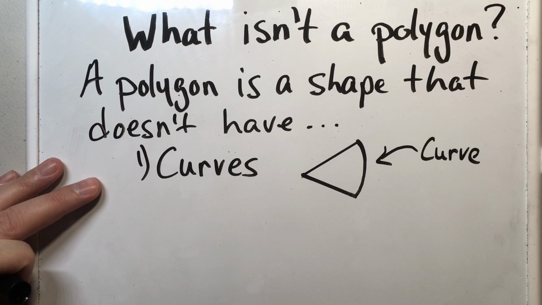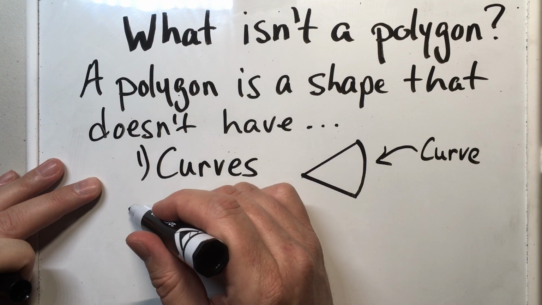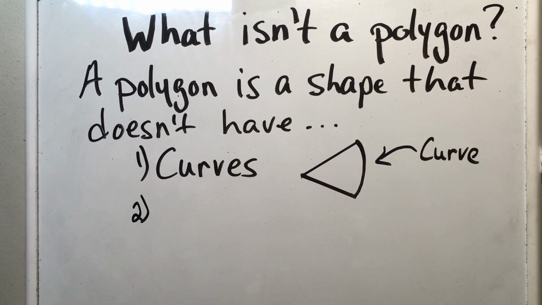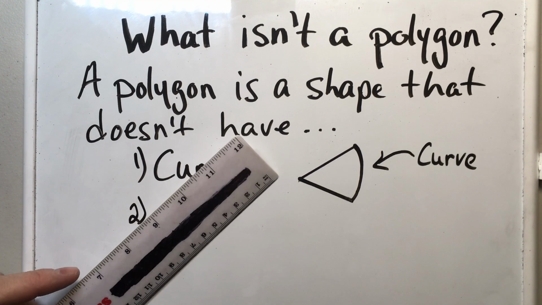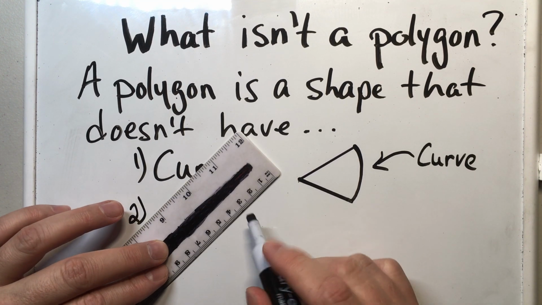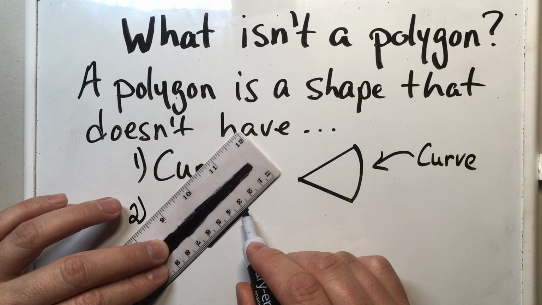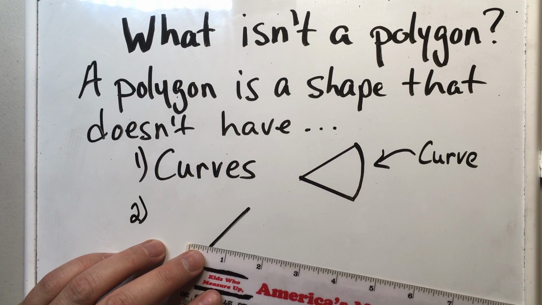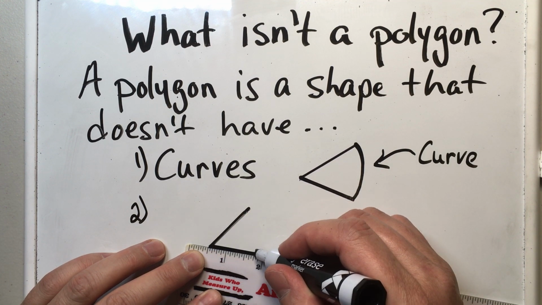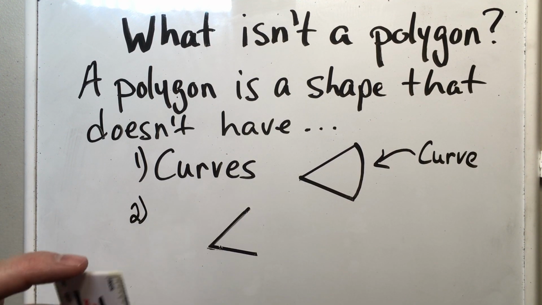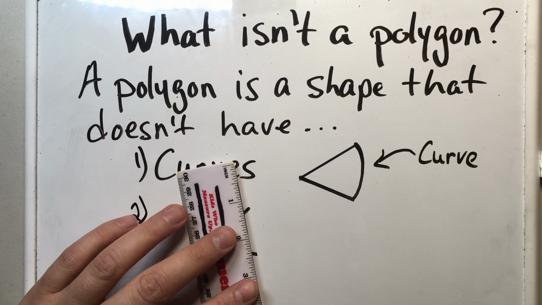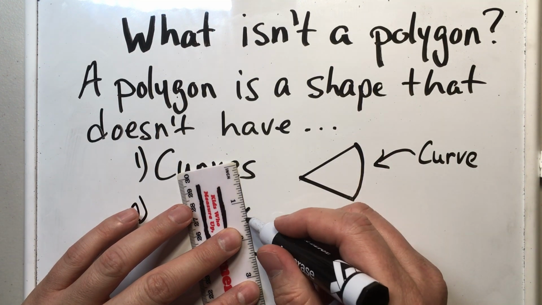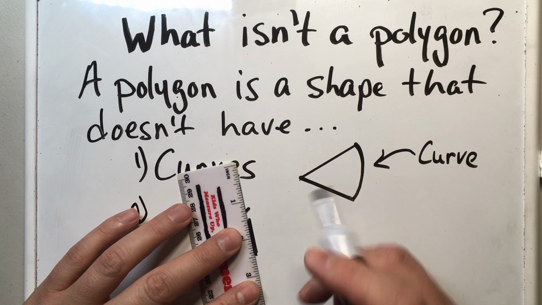Okay. The second thing is, a shape is not a polygon if it has a gap. Okay, so let me show you what that means. So a gap means that at least one of the sides is not connected to the other side.